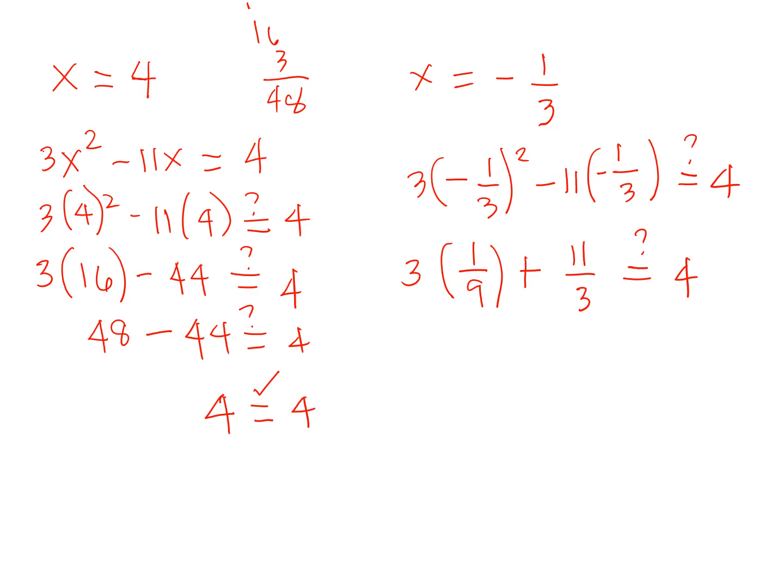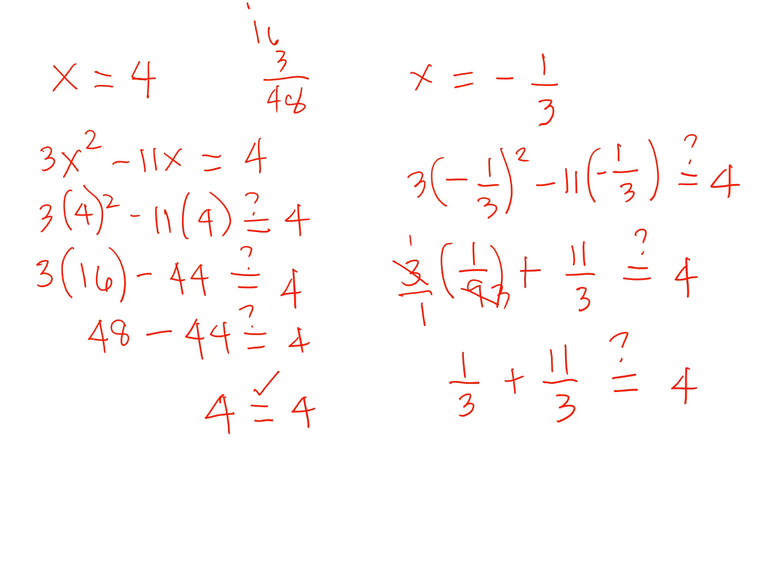Then 3 times 1 over 9, that is 3 over 9, we can reduce this. 3 divided by 3 is 1, 9 divided by 3 is 3. So that is 1/3. Then plus 11 thirds. Is it equal to 4?